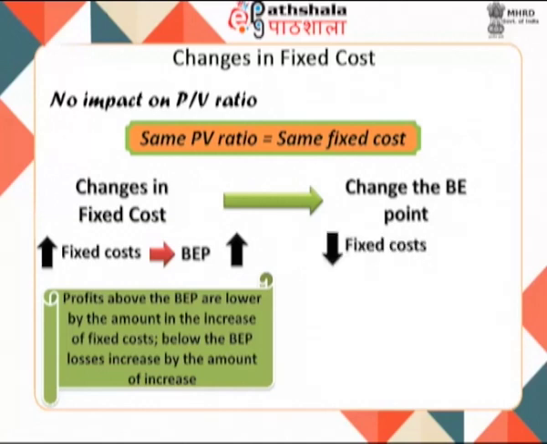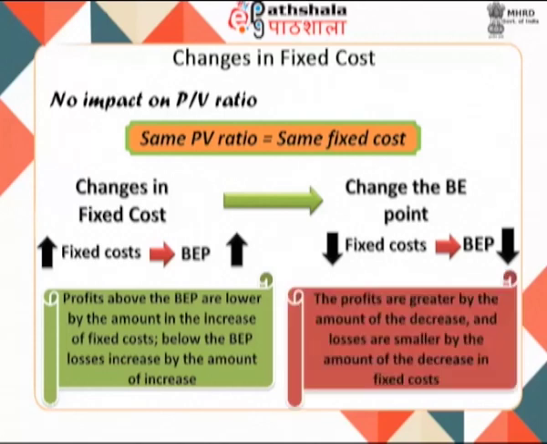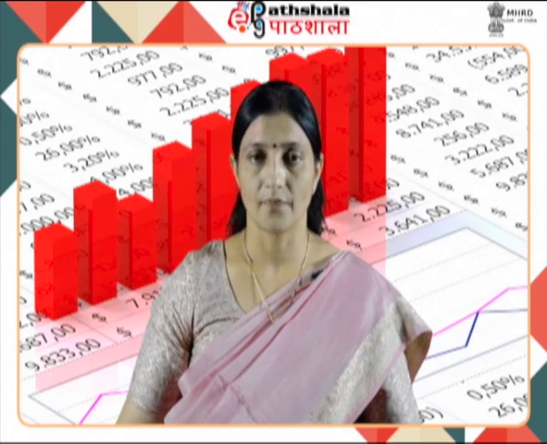If fixed costs are decreased, it lowers the break-even point. The profits are greater by the amount of decrease, and the losses are smaller by the amount of decrease in fixed cost. Desired or target profit.